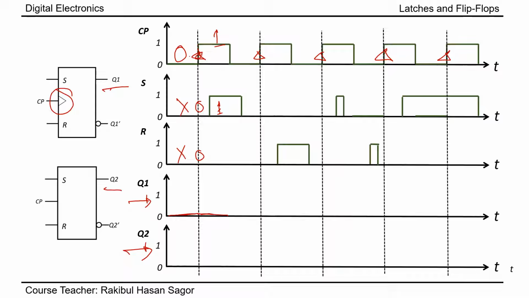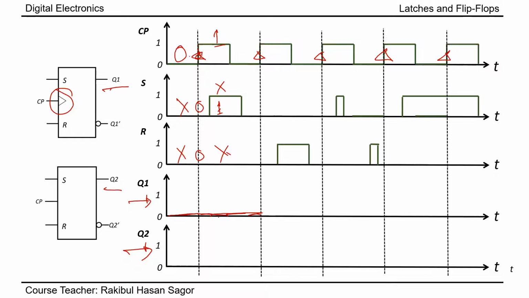That means when the clock pulse goes from 0 to 1, at that moment the value of S and the value of R will change the output value of Q1. So though we have 1 here, we do not care about the inputs because the clock pulse is not changing its state, so it will continue the previous value.